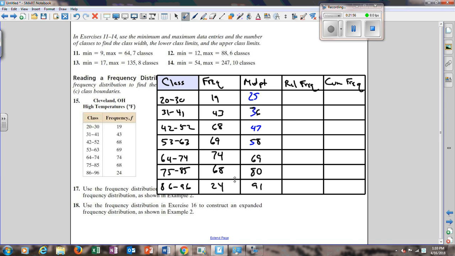Now you take your frequency that's given to you, 19, and divide it by 365. So your first one's going to give you 0.05. Second one is 0.117, so 0.12.